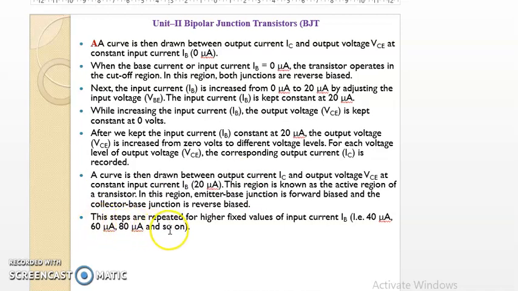In this way, steps are recorded for higher fixed input currents IB: 0, 20, 40, 60, 80, 90, and so on, and we obtain different values of IC for the corresponding VCE.